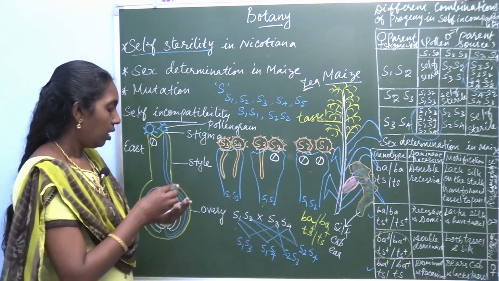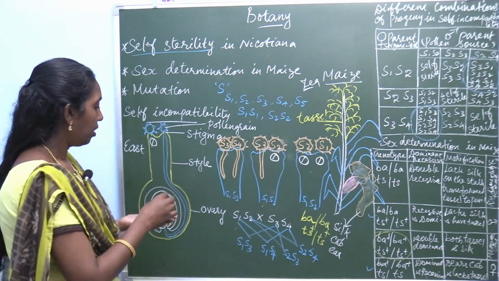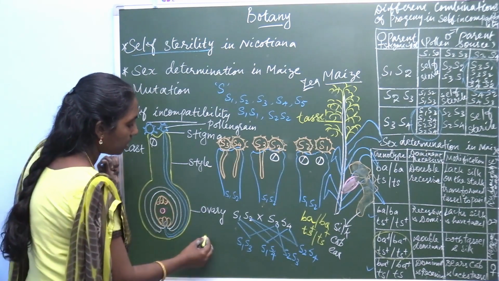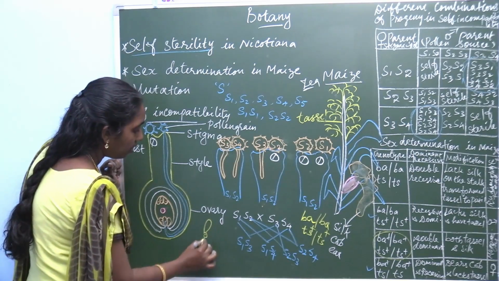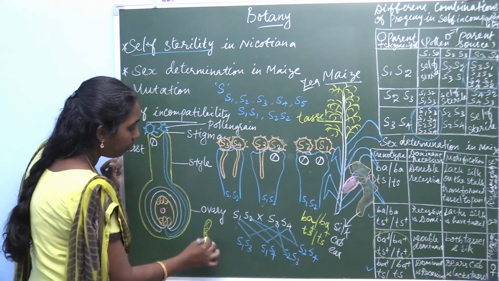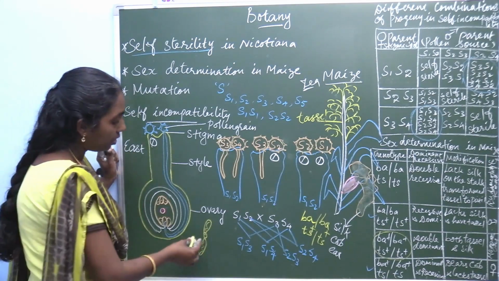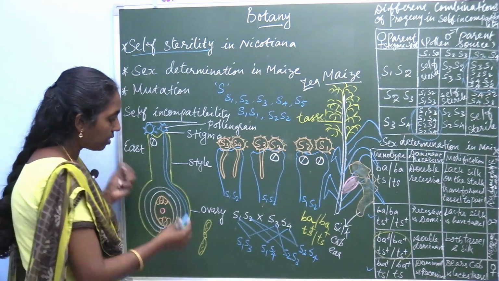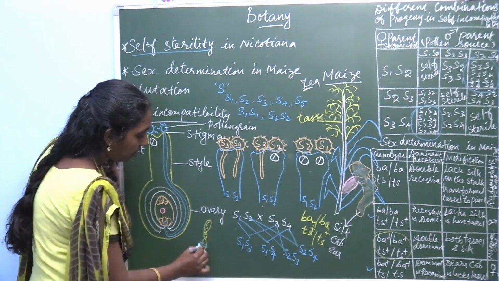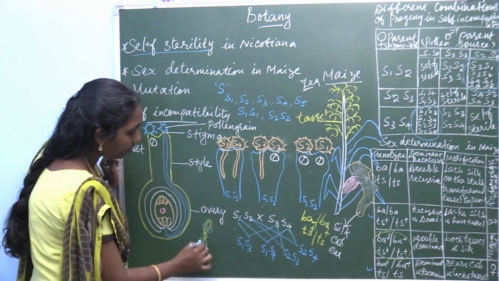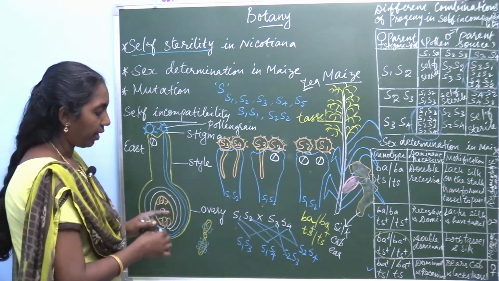You know the chromosome. This is the chromosome. It's made up of DNA sequences. The genes are located in different loci in linear fashion.